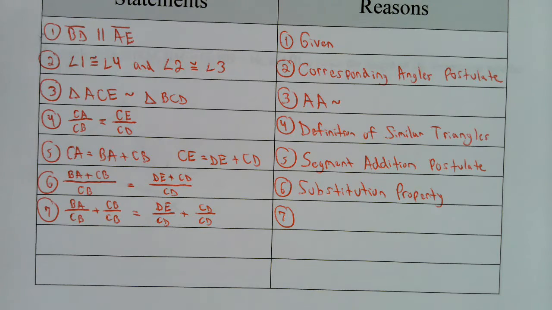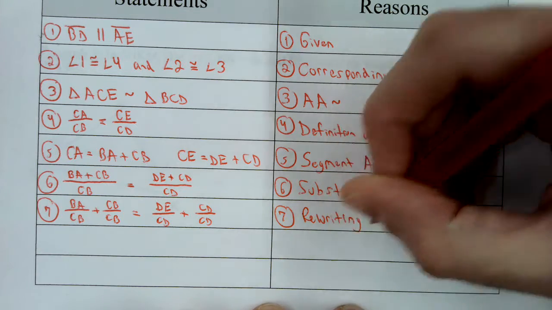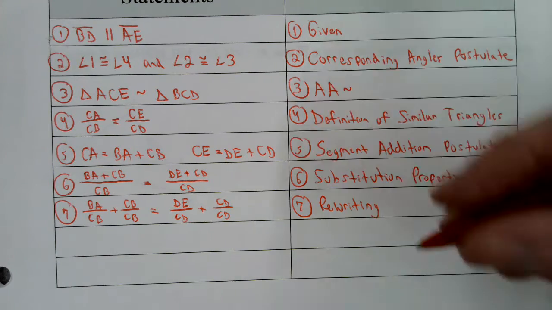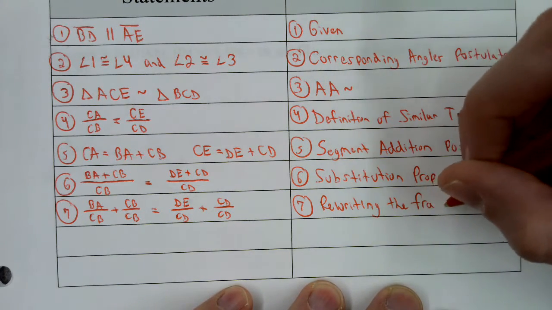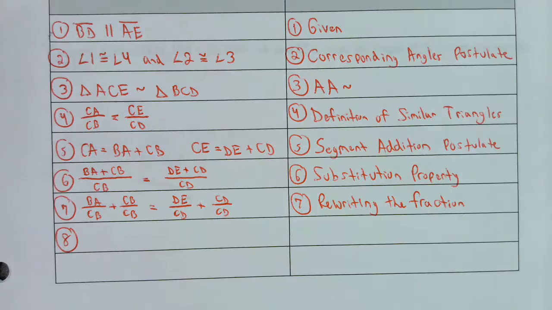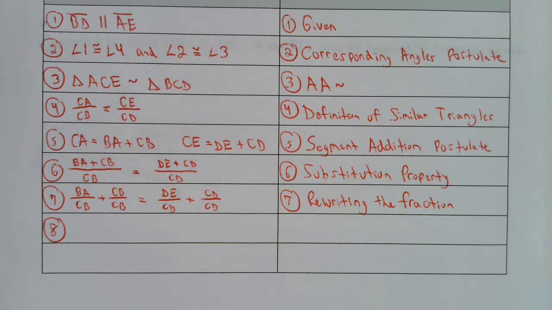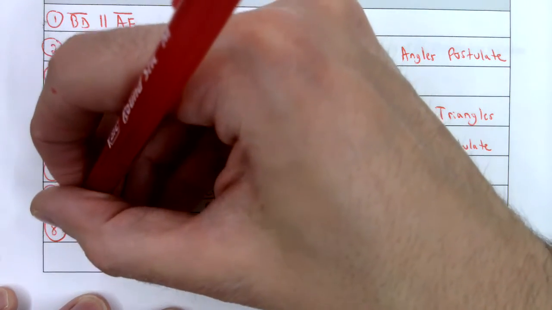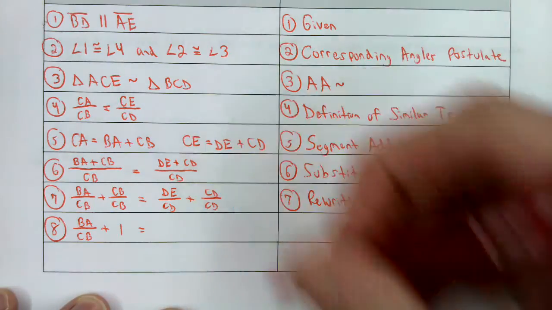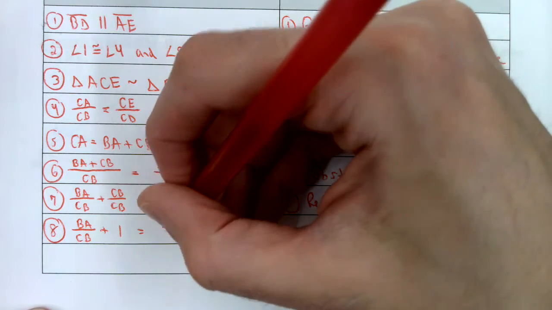That's just rewriting the fraction. Step 8. I'm going to replace CB over CB with 1, and I replace CD over CD with 1. I'm going to call that simplifying because I'm really simplifying there.